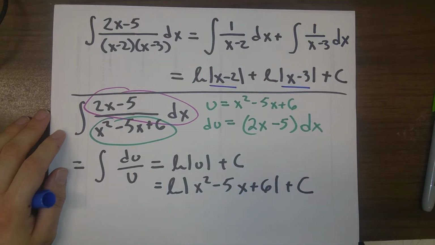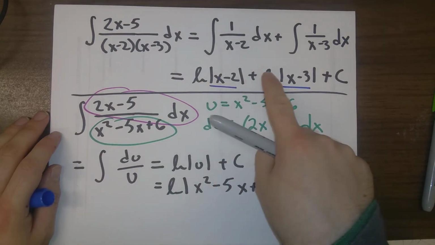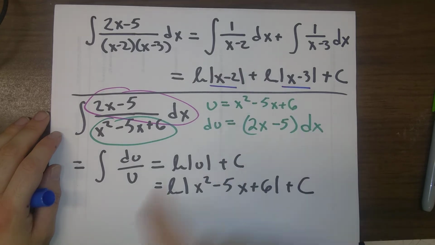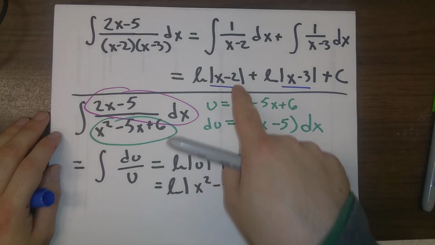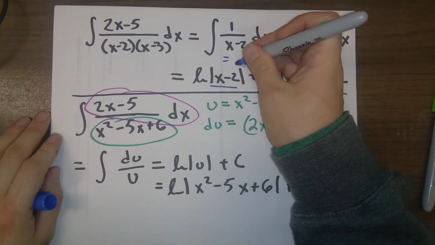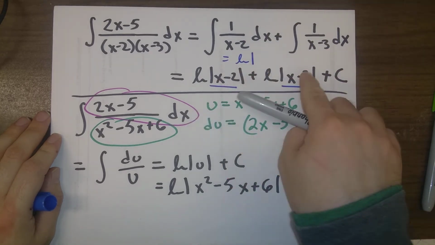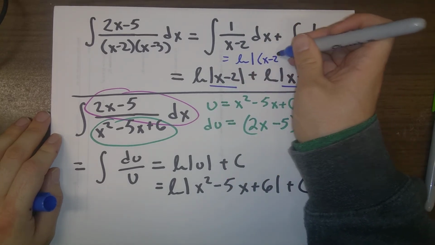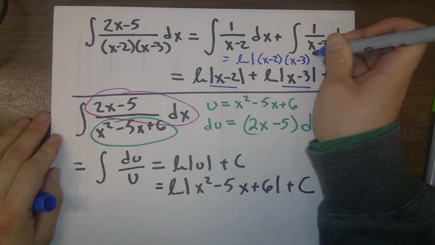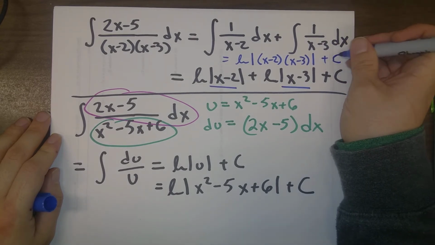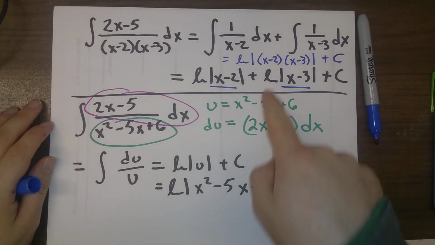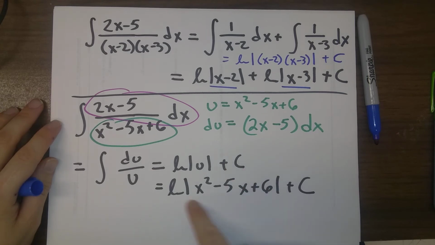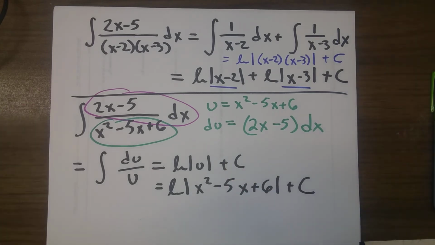When we have log of something plus log of something, we can combine those together as log of this times this, x minus 2 times x minus 3. And when you expand out x minus 2 times x minus 3, you get exactly x squared minus 5x plus 6. So sure enough, these two answers are exactly the same.